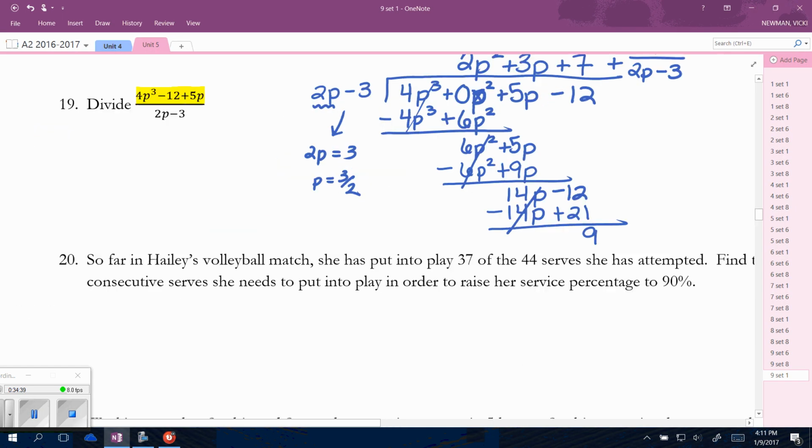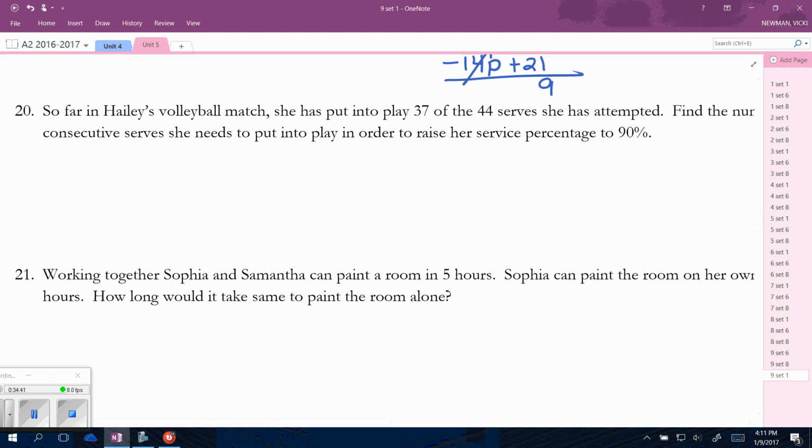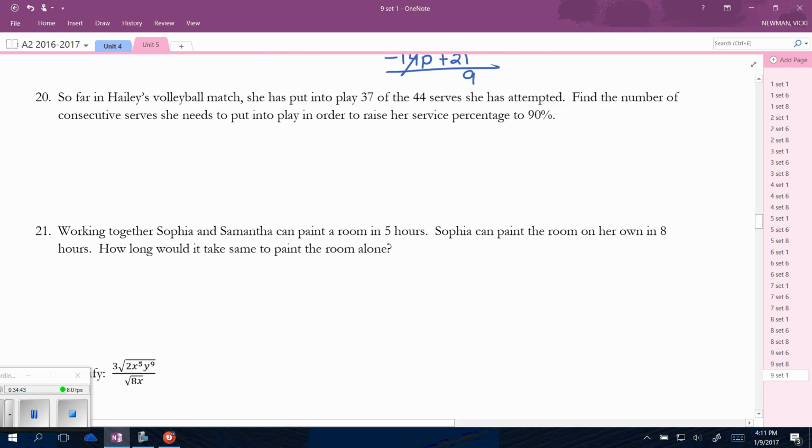Great. All right, so far in Haley's volleyball match, she has put into play 37 of the 44 serves she has attempted. Find the number of consecutive serves she needs to put into play in order to raise her service percentage to 90%. So right now her percent is 37 out of 44, and we want to add a number to that and make it be 90%.